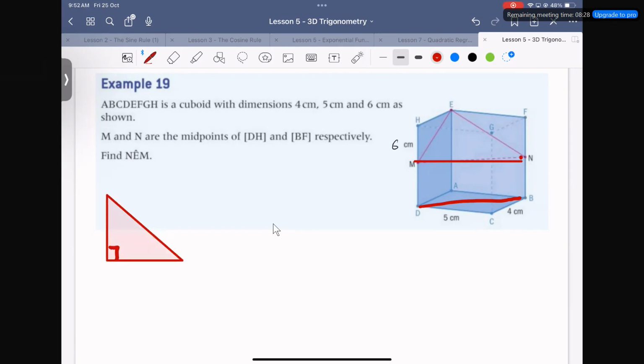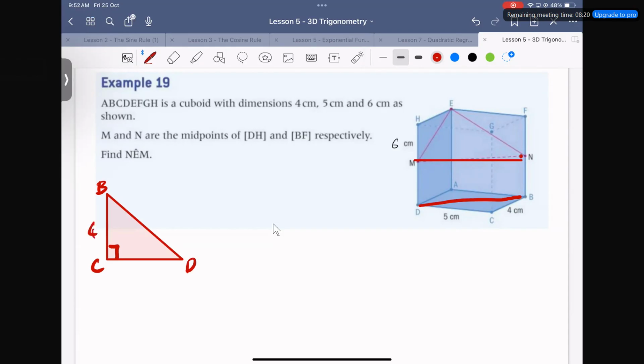This triangle has its right angle at C, and then we've got B and D. So BC is 4, this is 5. Using Pythagoras' theorem, 25 plus 16, 41. This one's going to be root 41.